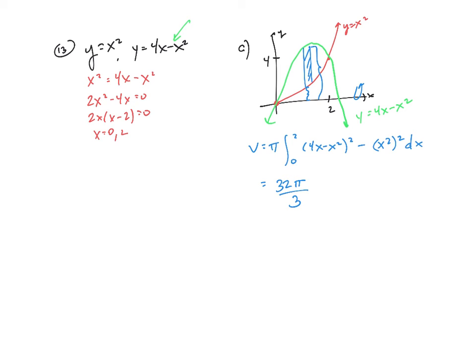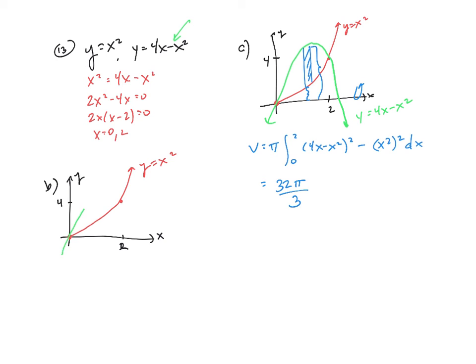Okay, let's check out part B. I'm going to try to draw this graph again, but a little bit better. This is 2 and 4. So 0, 2, 4. So we've got our y equals x squared. And then our other parabola that comes, oh, that's so much worse.